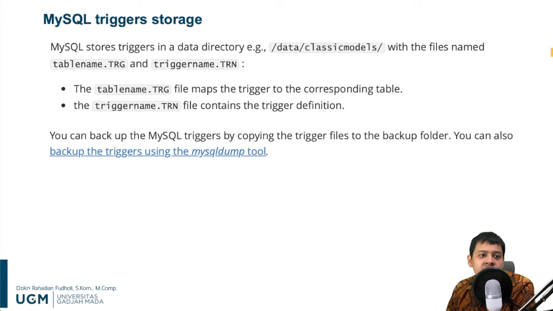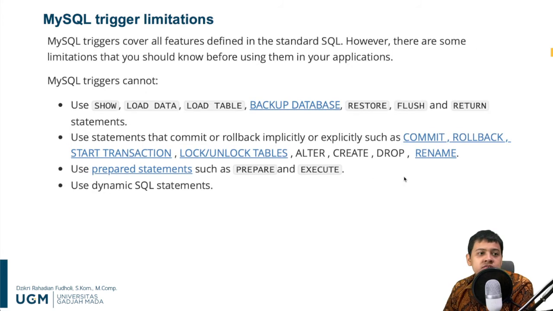The trg files map the trigger to the corresponding table, and the trn files contain the trigger definition, so the statement inside of it. You can back up the MySQL trigger by copying the trigger files to the backup folder. You can also back up the triggers using the mysqldump tool. This is an external tool from MySQL, so you need to download that first.